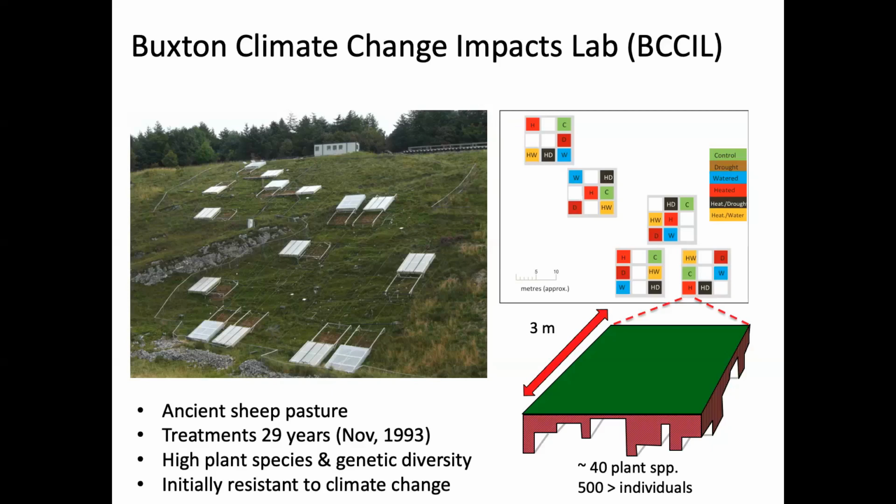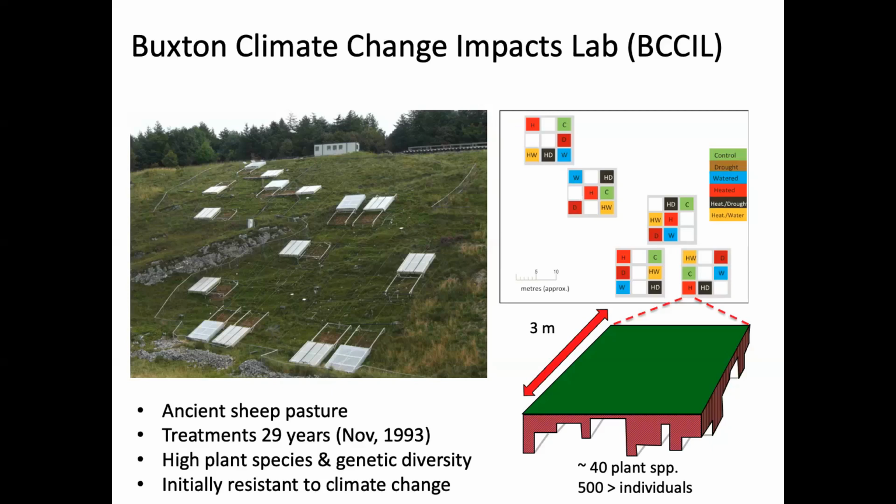Typically in a grassland like this, we can find up to 40 vascular plant species rooted within a single metre squared. Perhaps one of the reasons why we're still going at Buxton, why the manipulations are still running, is that initially, within the first 15 years, the vegetation was found to be resistant to climate change. And I'll say a little bit more about that later.